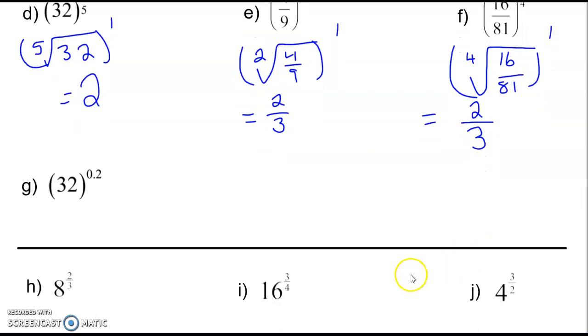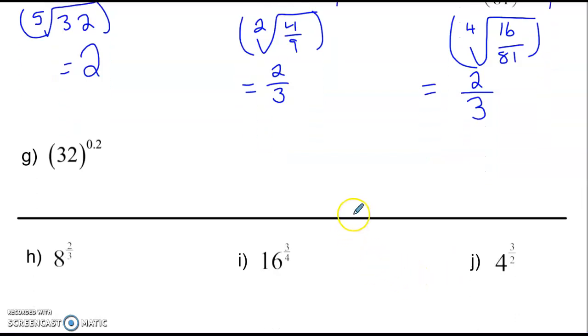For G, we're going to look at this example now. This one we have our power written as a decimal. We're going to rewrite that as a fraction. So we know we're looking for 32 to the power of 2 over 10.